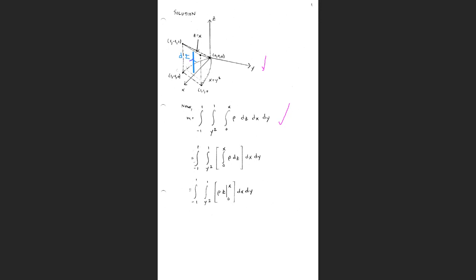The bottom surface is at z equals 0. And then the top surface is z equals x. So x on top means z equals x. So those are the z limits.